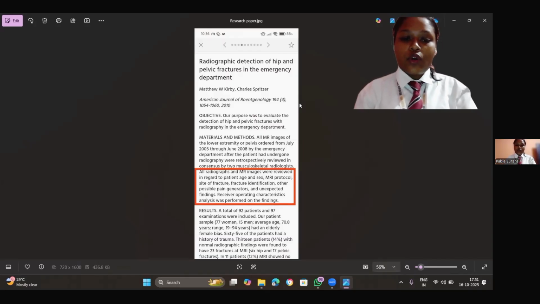The main goal was to evaluate how reliable plain radiography is in identifying hip and pelvic fractures, especially when patients come in with pain and trauma but have unclear X-ray findings.